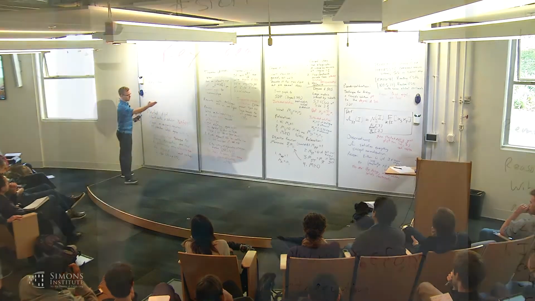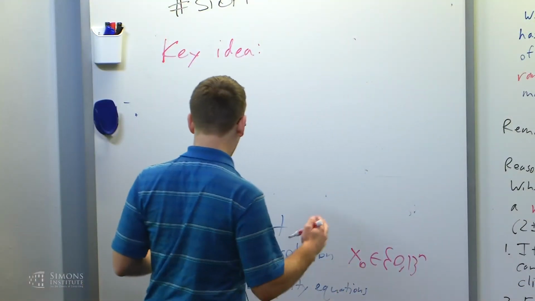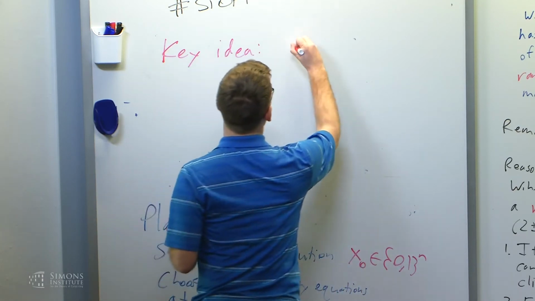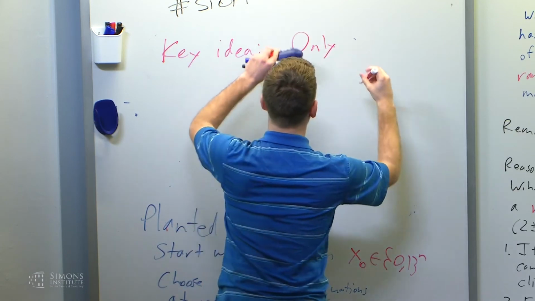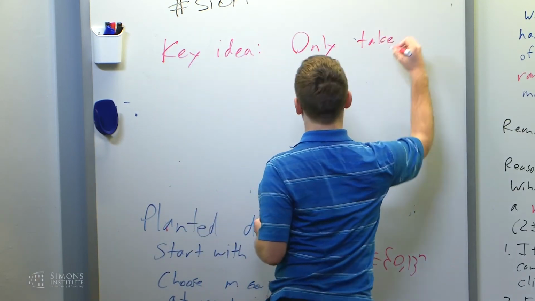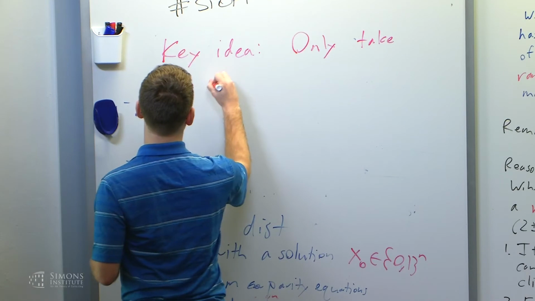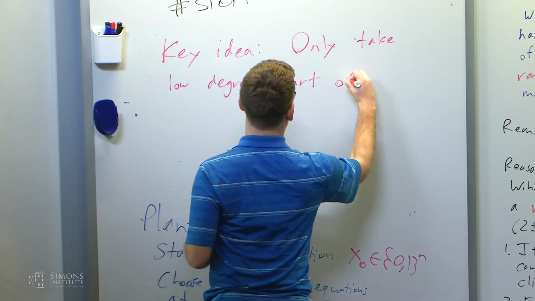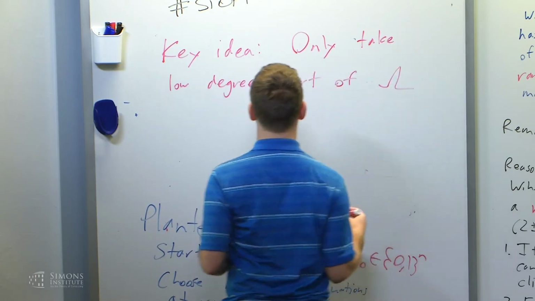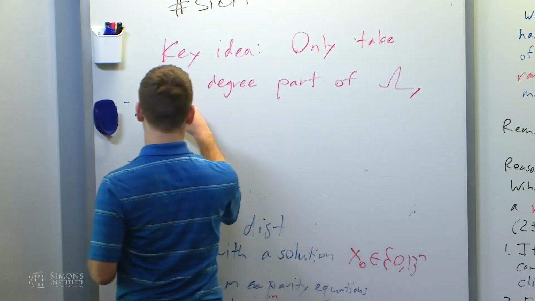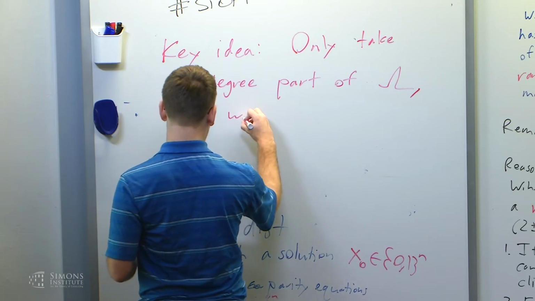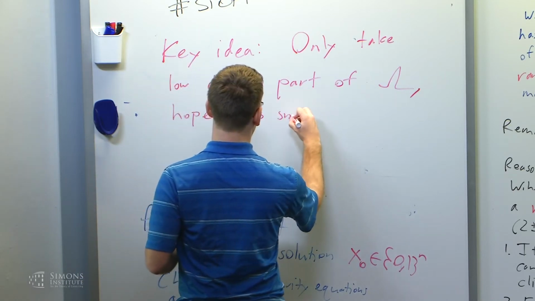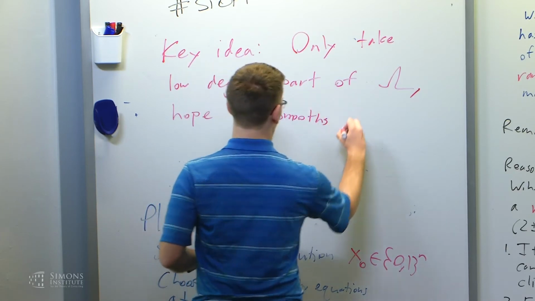Okay, so lambda here is badly behaved. So how might we fix that? The key idea is we'll only take the low degree part of lambda, and we'll hope this smooths lambda out.